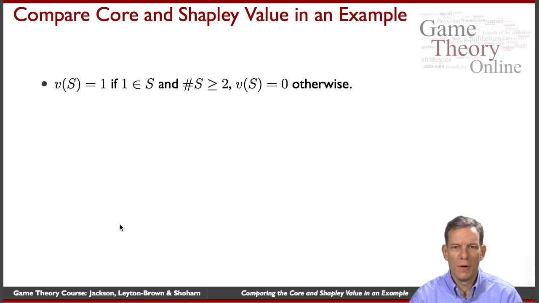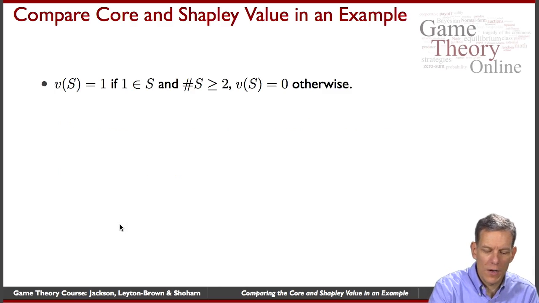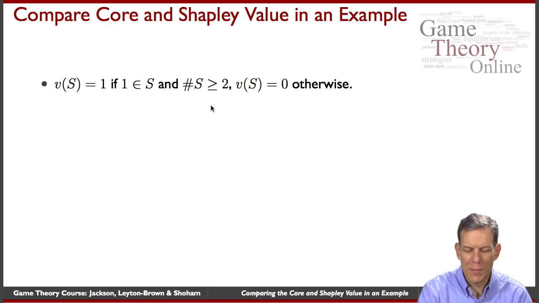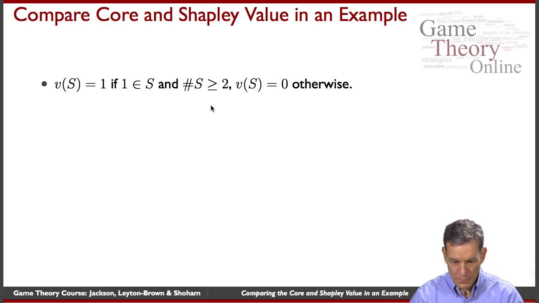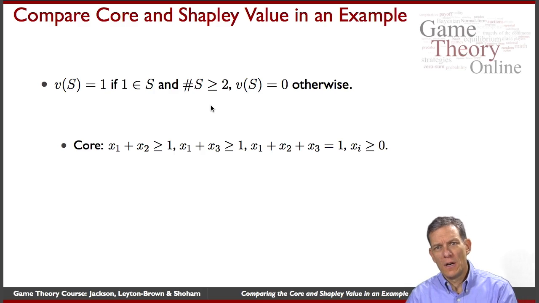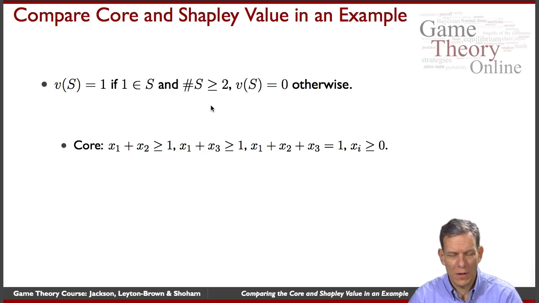Let's start with the core and try to analyze this. We've got our game where v is 1 if you've got player 1 in there and at least 2 members. Otherwise, you get 0. Now what does the core have to satisfy? Remember, the core has to allocate each coalition a total that's at least what it can get.